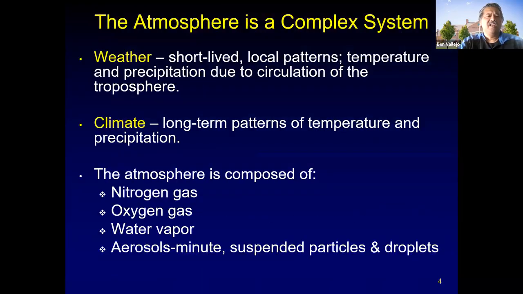I have a little poem that I use to remember the parts of the atmosphere, and it goes like this. Nitrogen is 78, oxygen is 21, all the rest is less than 1. So nitrogen gas, 78% of the atmosphere. Oxygen gas is a little short of 21%. And then water vapor, depending on where you are on the earth, it might be 0 over a desert, might be 5% over an ocean, about 5%.